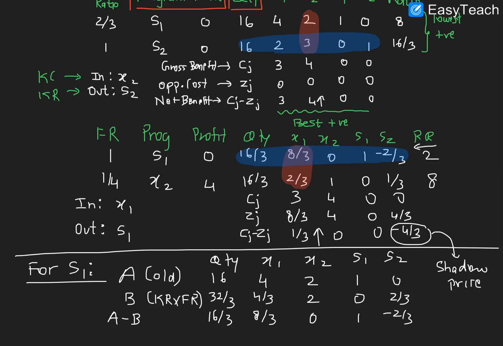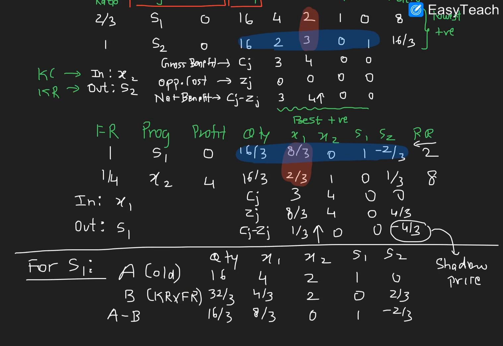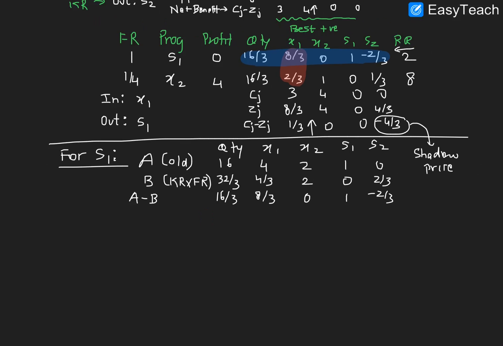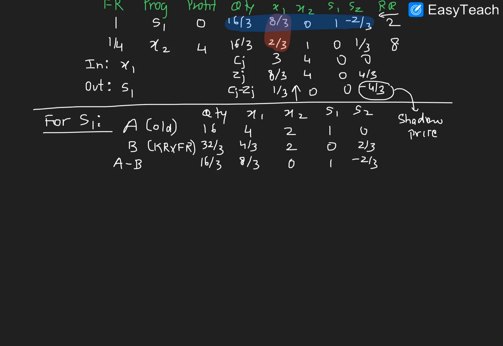So this is the simplex table where we say that there is further improvement possible, sir. There is further improvement possible because I can make 1 by 3 profit, 1 by 3 net benefit possible if I bring in x1. So let's go for now the third simplex table, which will be possibly the final simplex table for us.